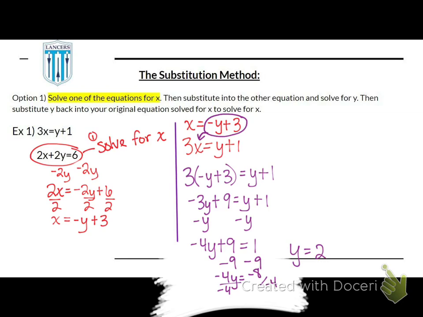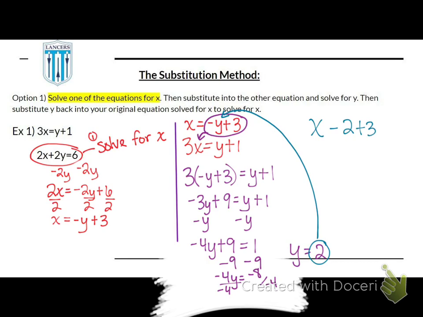So we're going to take this number for y and plug it in where x was alone. Technically, you could plug it into any of the equations we've written that have both x and y, but it will be easiest if you do it in the one where x is already alone.